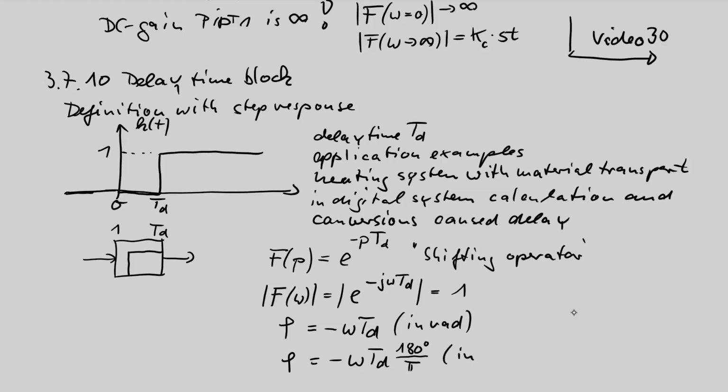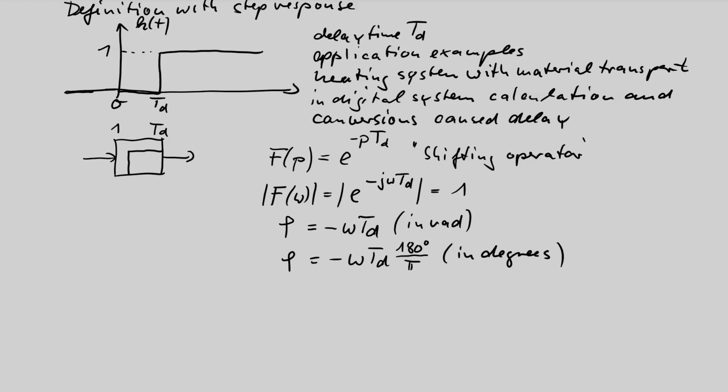Then you have this in degrees. Now the negative phase of this delay time block can be expressed in rad or in degrees. Because we need the phase value in degrees, we have to work with the equation omega times Td times 180 divided by pi.